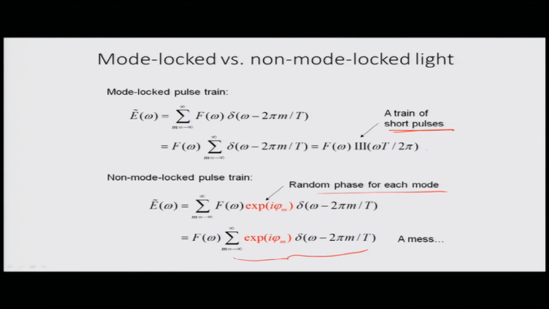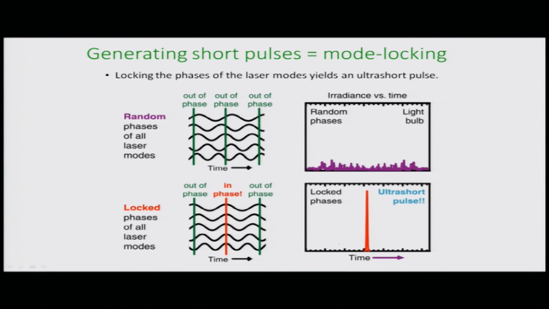They can have beating and all kinds of things. However, all of this does not happen in the mode locked condition, where the phases are all the same. So, the basic idea about non mode locked versus mode locked is that the phase distribution is fixed for the mode locked pulse train.